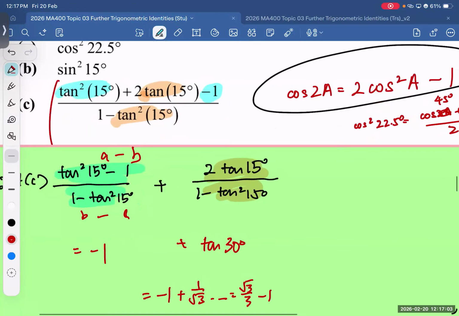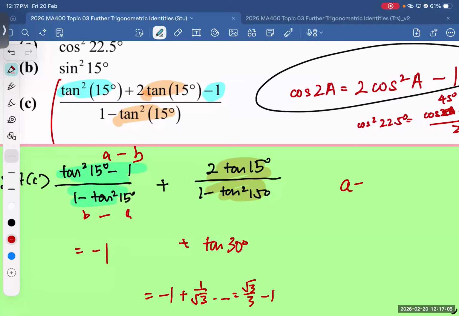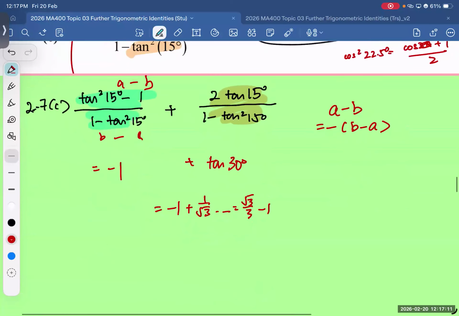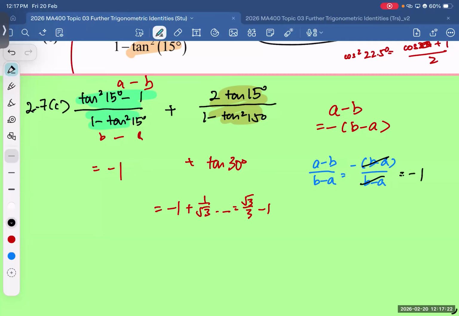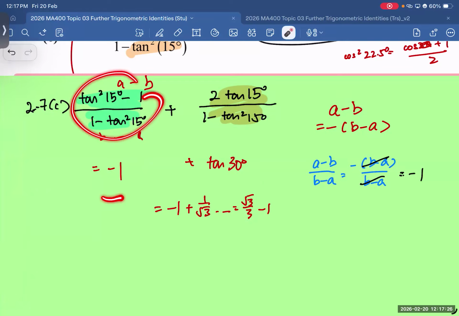Because if you think about it, A minus B is like the negative of B minus A, right? So A minus B over B minus A is the same as negative of B minus A over B minus A. If I cancel, it is just negative 1. So what I'm trying to say is, guys, this is just the minus 1.